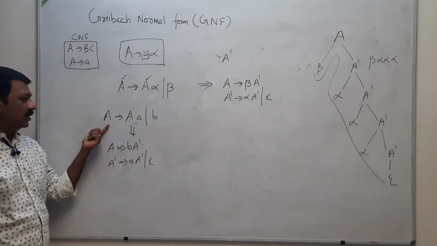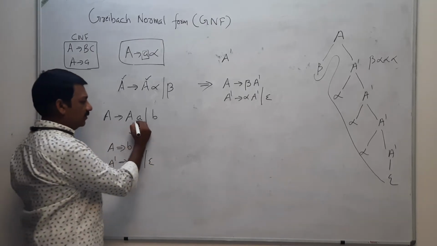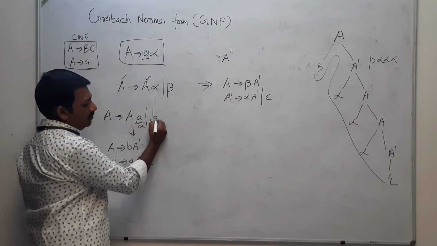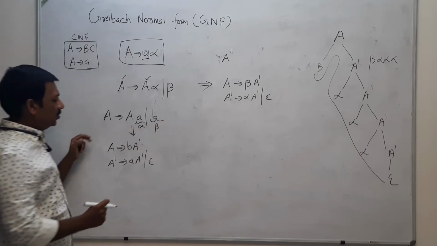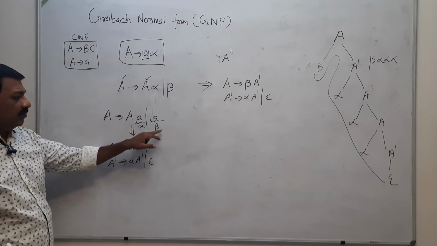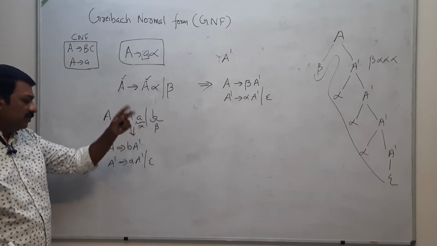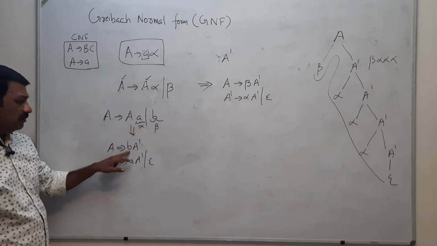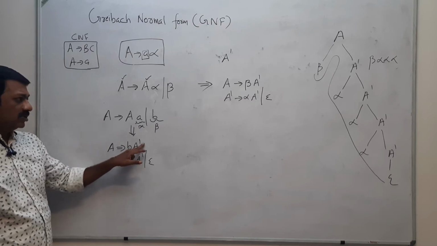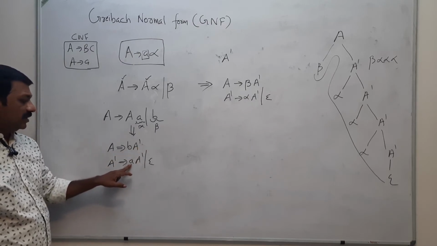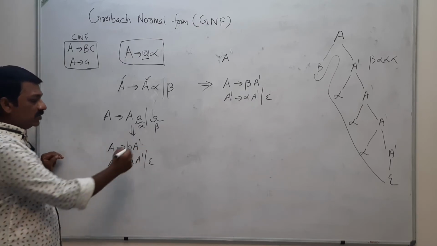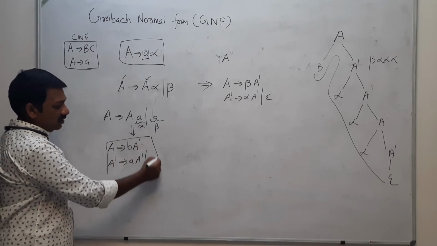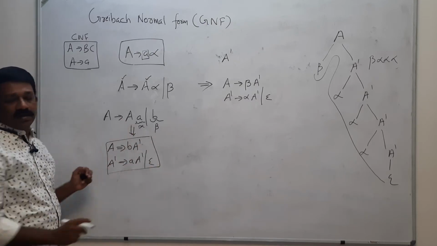That means A derives A alpha, this is alpha and beta is beta. So A derives A alpha or beta can be replaced with A derives beta A dash, and A dash derives alpha A dash or epsilon. So this is the equivalent of this.